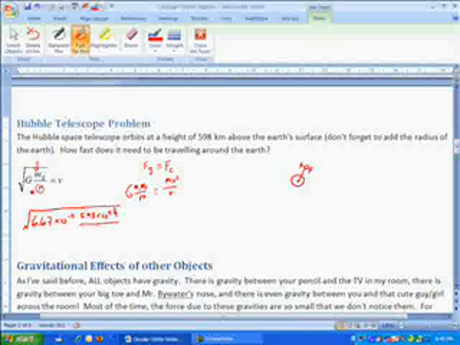And then we've got the height, which is that 598 kilometers, which is 598,000 meters. And then the radius of the Earth is 6,380,000. And so this is going to be 6,978,000 meters. And so we can go ahead and put this in, and this should give us the velocity.